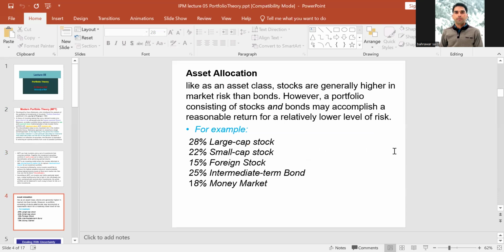Let's talk about asset allocation. Asset allocation is the process of dividing your investment among asset classes like stocks, bonds, and money markets. There are many asset classes available in the industry, so investors need to look at those. For example, I mentioned some of the investments here.